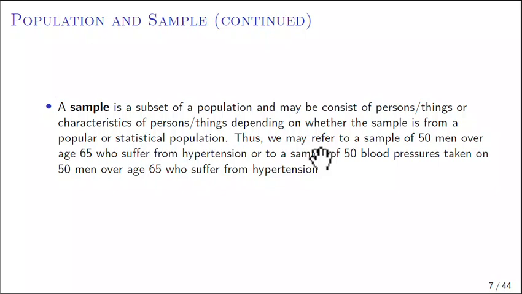That's the population. But the sample is only what? We only randomly select 50 out of, I don't know how many, men age 65 or over in the United States. That's a lot, right? So from this example, we could understand the relationship between the sample and the population. So a sample is a subset of the population.